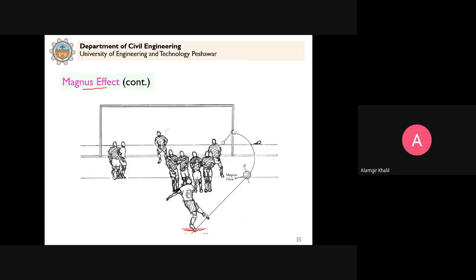The more you are able to master this Magnus effect, the better you can hit the ball to the goal post. This will depend on how you generate this Magnus force. This will be the expertise of the footballer. Clear?